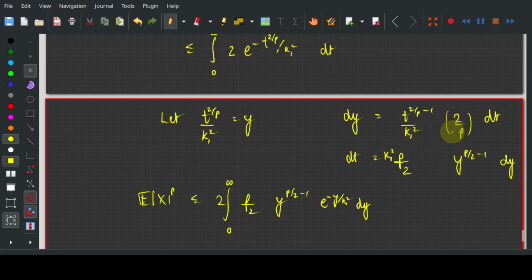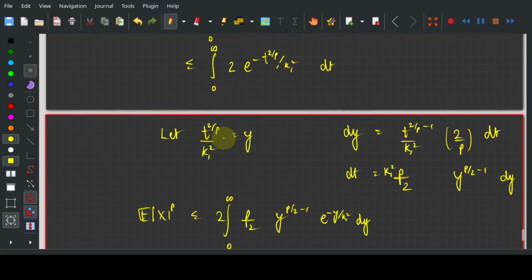So I have t to the 1 minus p, but t is y times k1 square, or t to the 2 by p is y times k1 square.